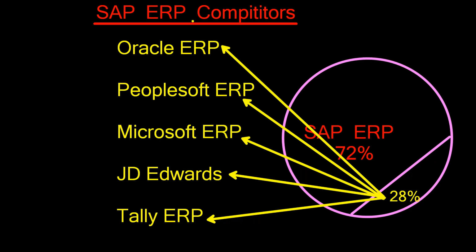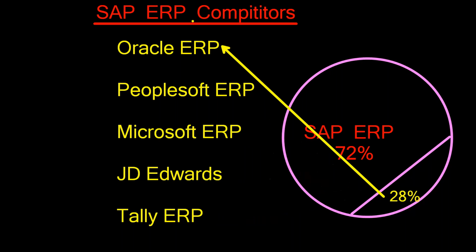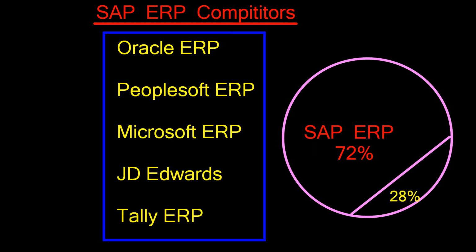Oracle, Microsoft, PeopleSoft, very big companies. But SAP ERP occupied 72% and these companies occupied only 28%. Why? I will explain with one general example in understandable language. So these five companies are the ERP competitors.